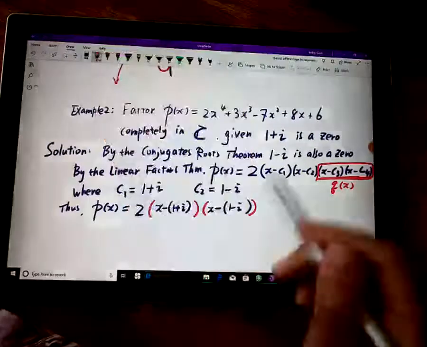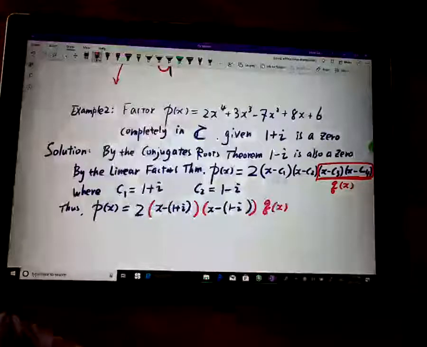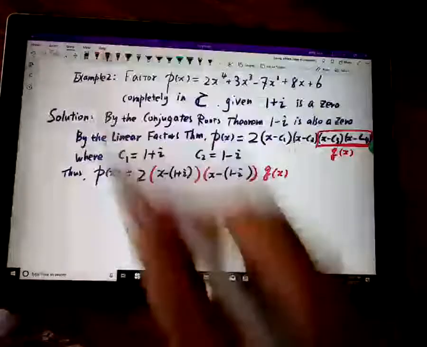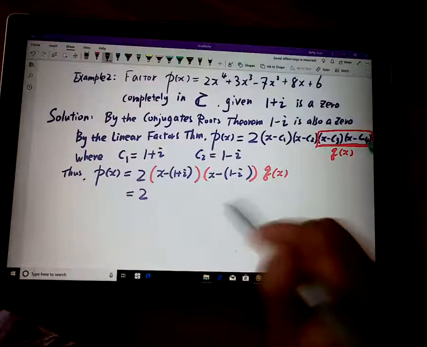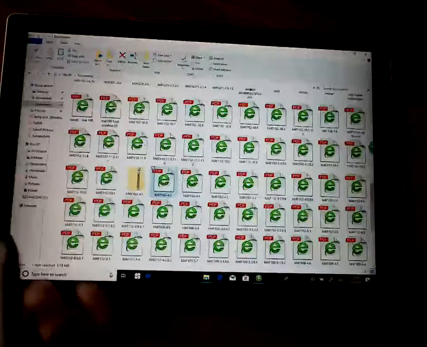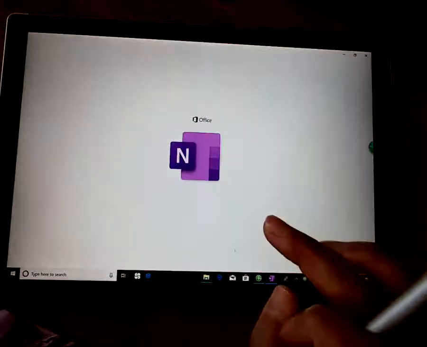I'm going to use Q of x. So far so good? All right, let's continue here. Give me 1 second, my Surface tends to crash once in a while.